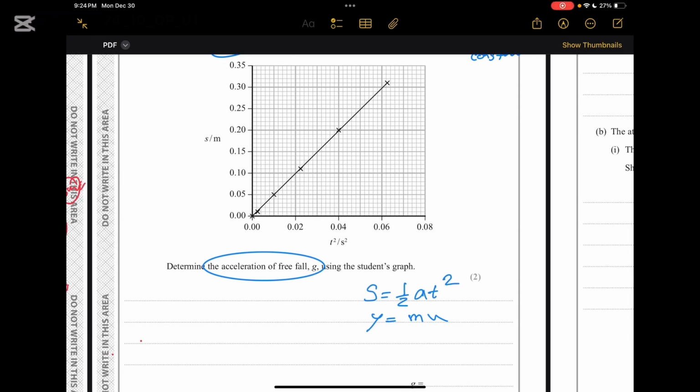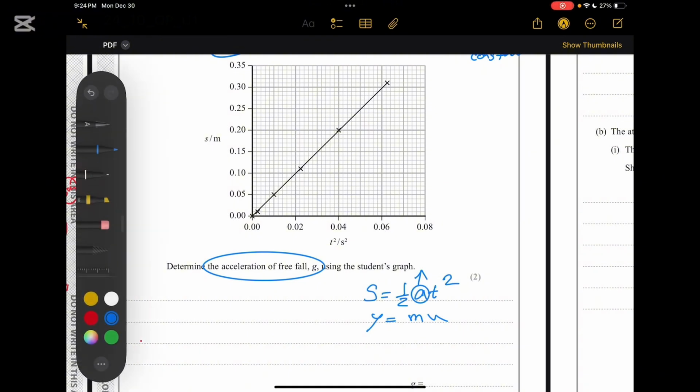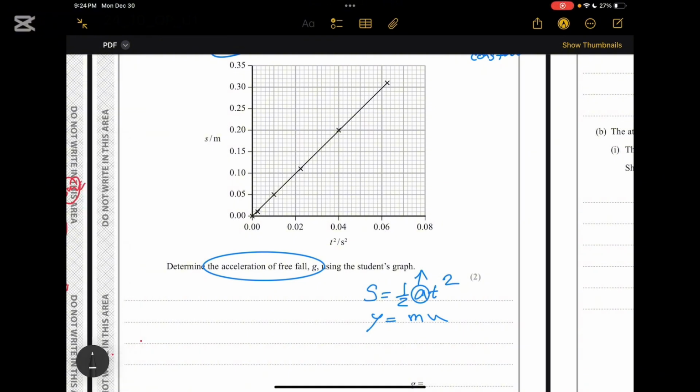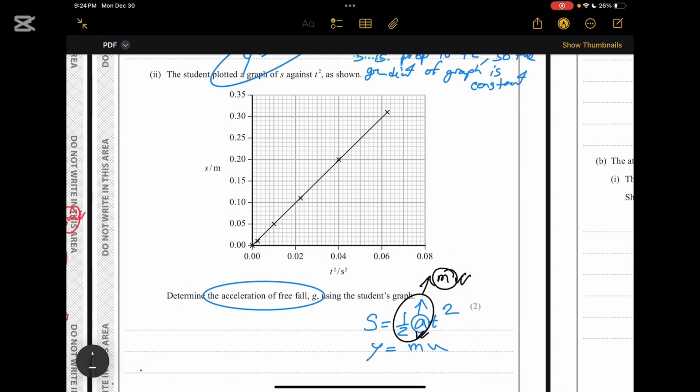So we have to find this acceleration from here, and we know very well that this half a value is our m. So if we can find the gradient from this graph, then we can use that gradient to find the a value. Let's figure out the gradient right now.